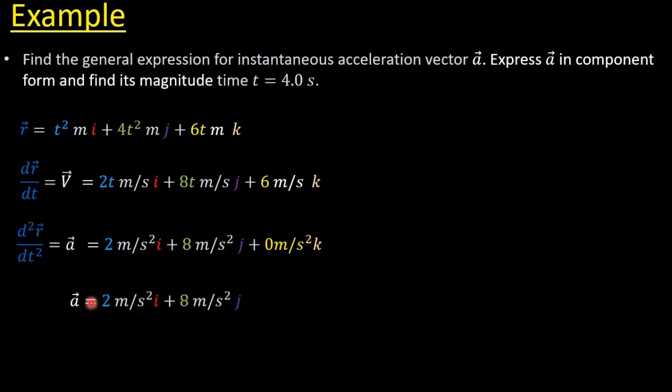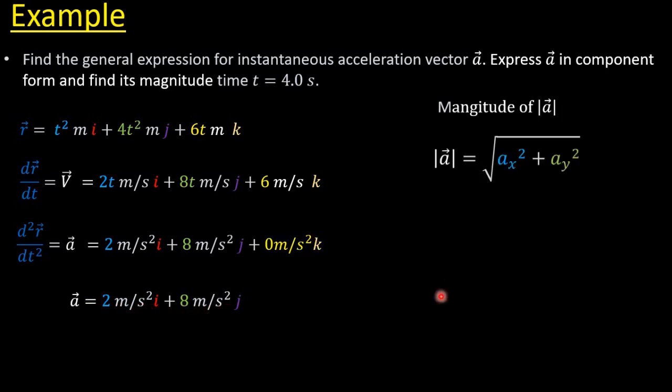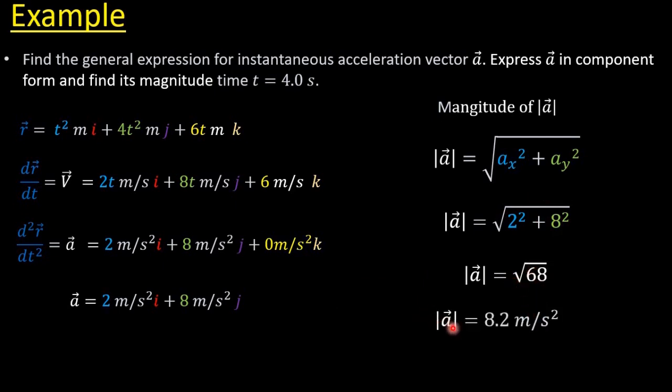So that means our acceleration is just going to be 2 meters per second squared in the i direction and 8 meters per second squared in the j direction, and it's constant. Now we find the magnitude of a. Again, we apply Pythagoras to that, put our numbers in. So ax was 2 meters per second squared, ay was 8 meters per second squared. Add these together to get the square root of 68. And then we find the magnitude of a is 8.2 meters per second squared. And that completes this problem.